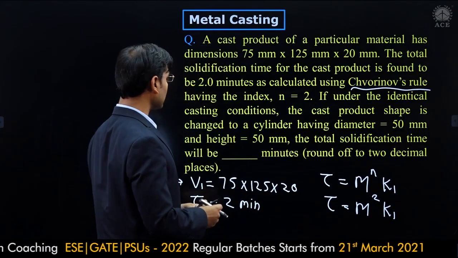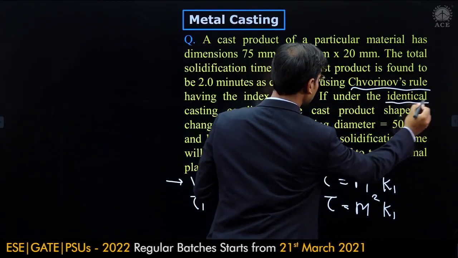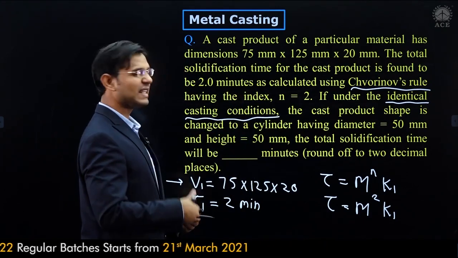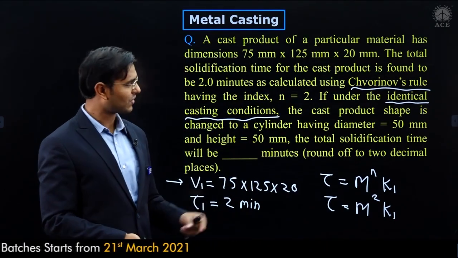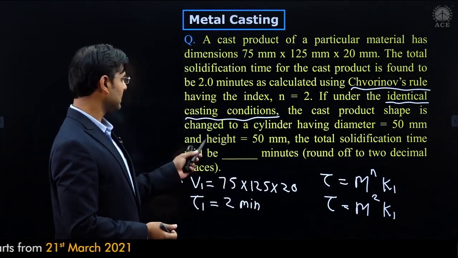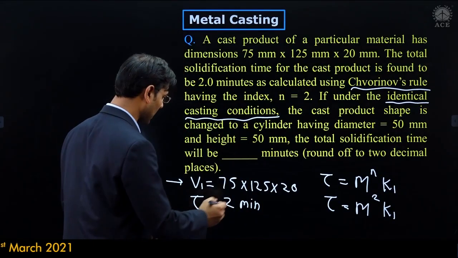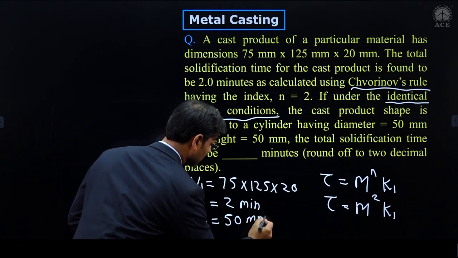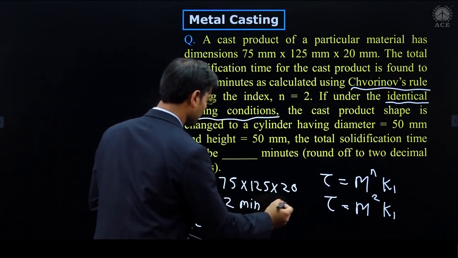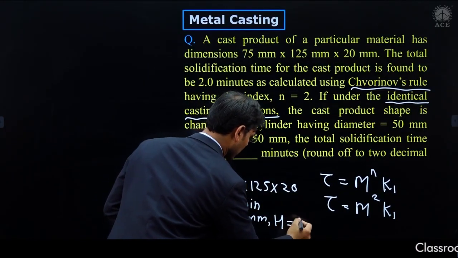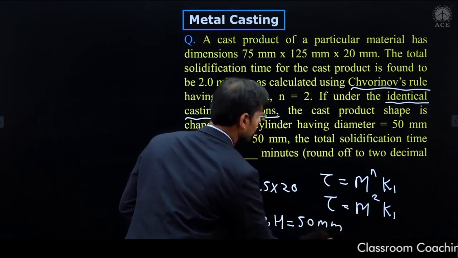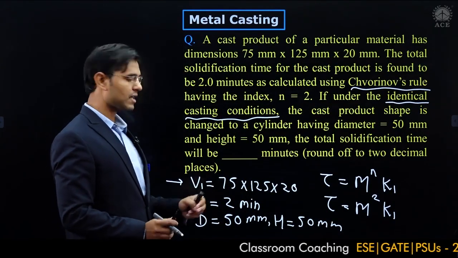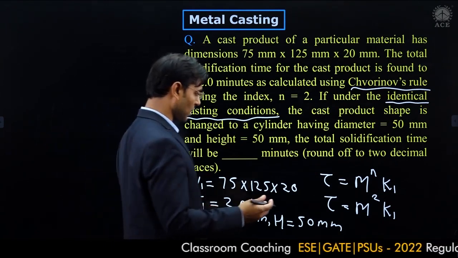If under identical casting conditions, the cast product shape is changed to a cylinder, as you saw in the second diagram, having diameter 50 millimeter and height 50 millimeter, the total solidification time for the second casting in minutes is asked.